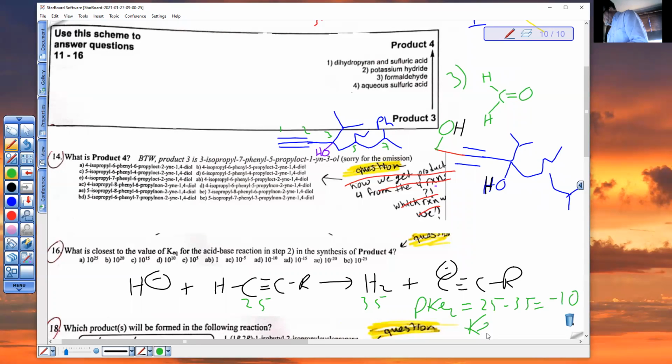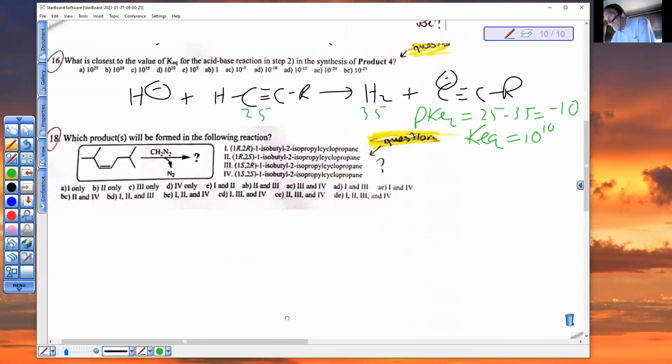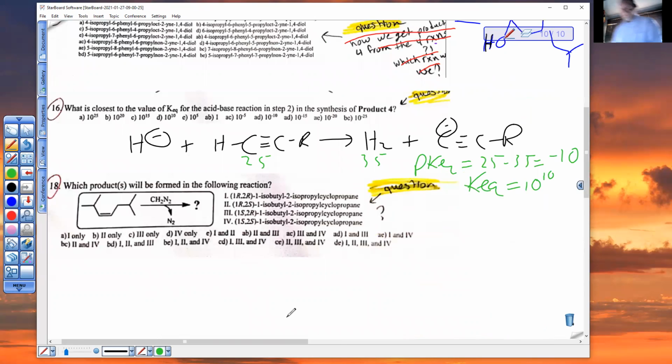Keq is 10 to the 10, sorry, 10 to the -10. This answer, 10 to the negative that.